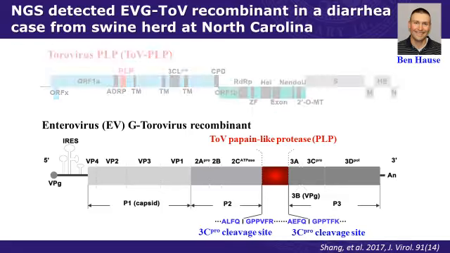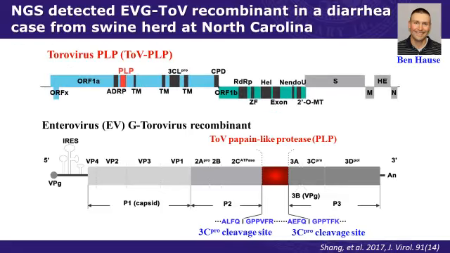We further isolated this virus, performed Sanger sequencing, and confirmed this insertion site. Then we did a BLAST search analysis and found this foreign gene insertion is closely related to the torovirus PLP.